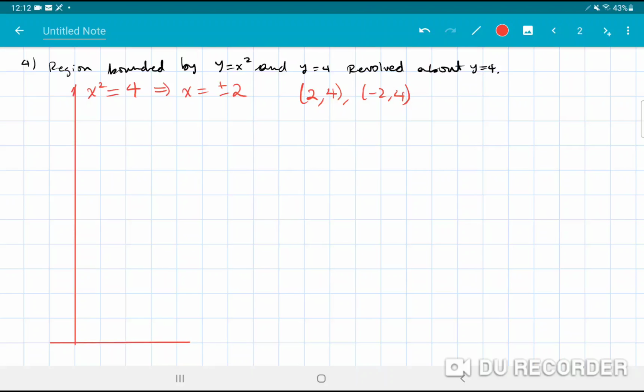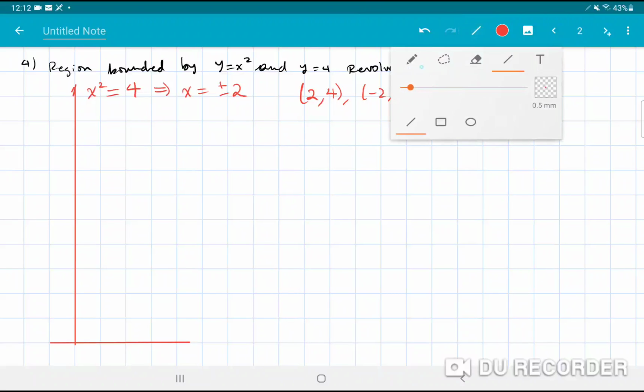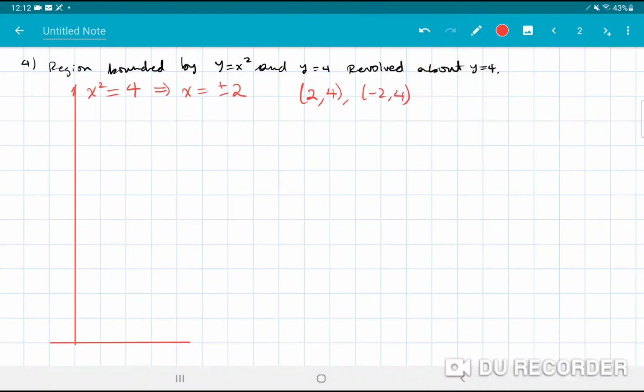This is my x-axis. Okay, 1, 1, 2, 4, minus 1, 1, minus 2, 4. This is the graph of y equals x squared, and here's the graph of y equals 4.